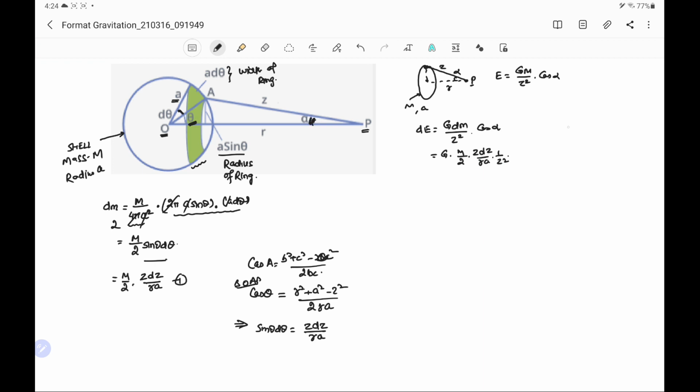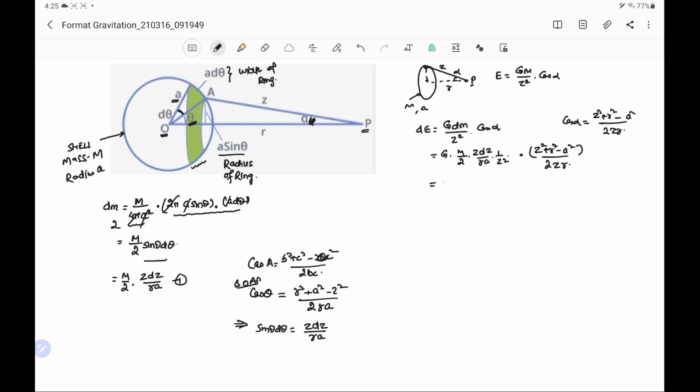So cos alpha from trigonometry, using the cosine rule, we can write as z square plus r square minus a square by 2zr, and we substitute it here. Now we have to solve it.